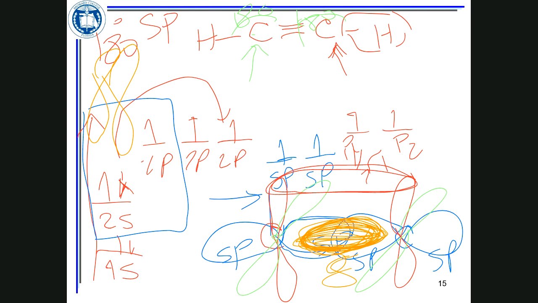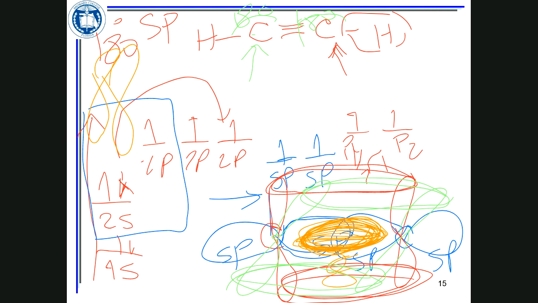The loops from the top and the bottom overlap and it forms a pi bond. What about the green color? The green colors are the two p orbitals that are parallel to each other because both of them are aligned with the z-axis. So the other p orbital is going to form also a pi bond.